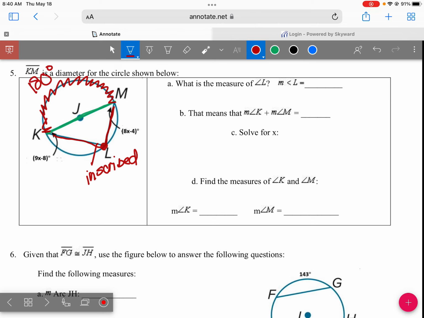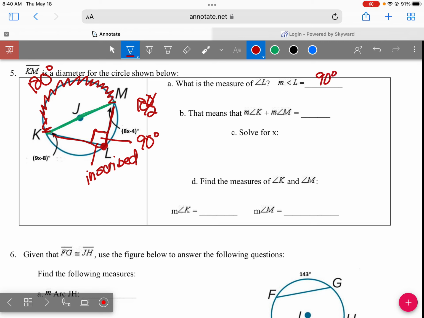So if that is 180, what's the measure of angle L? 90. Yeah, it's half of it, right? 180 divided by 2 means that this is 90 degrees. Okay, see how I'm trying to pull this all together? Okay, so that's 90 degrees.